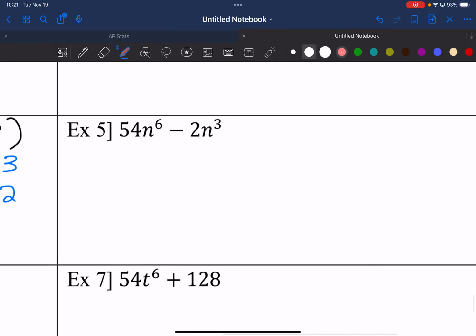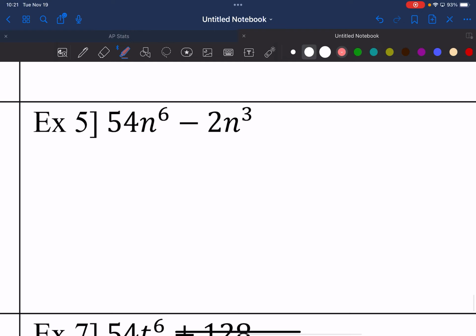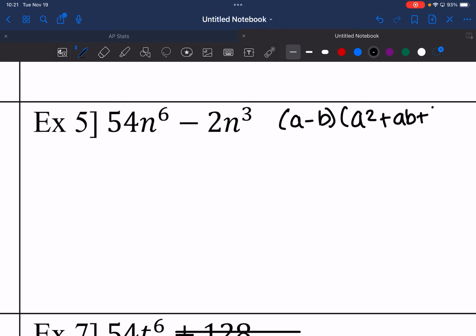Example 5. Are we using the first formula or the second one? First one, so we have a minus b times a squared plus ab plus b squared. Make sure we're writing down the notes, guys.